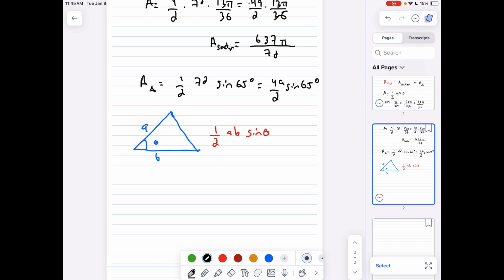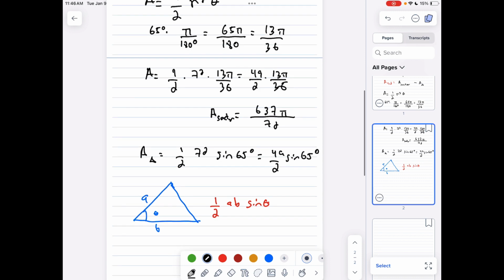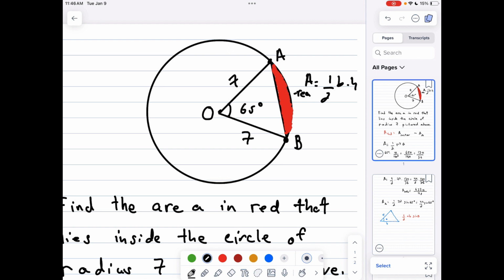Now you have another option. You're like, I'm not into remembering formulas. Well, we can derive that. The idea here is if you draw a perpendicular, an altitude, I'm sorry, from A here, and it could have been any point, but I'm just trying A here because I think it's the most convenient, you have a right triangle, and you have an angle that's 65 degrees that you see there. Let me rewrite it. The point that I'm trying to get at here is that you can find the area using the 1/2 base times height formula.